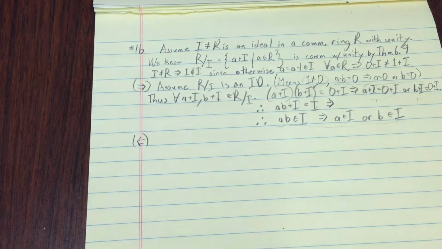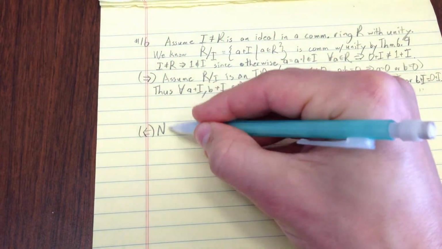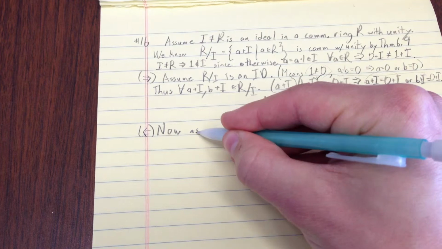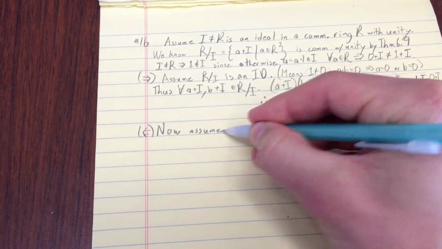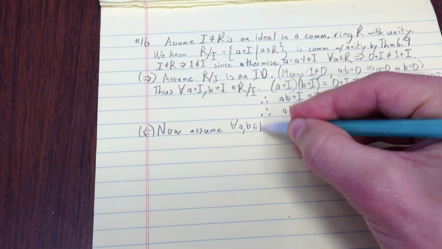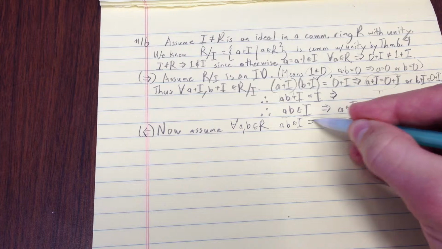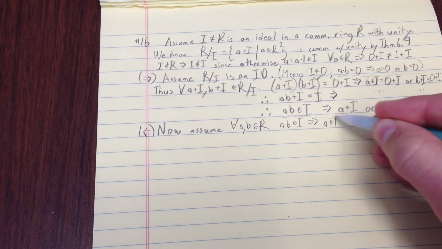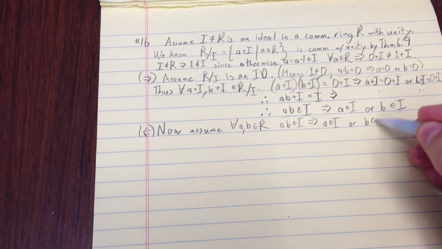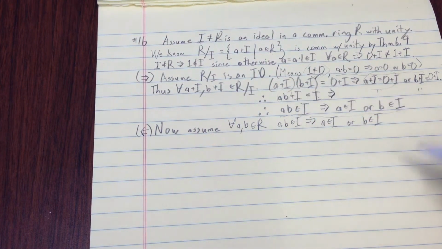Okay, so now what are we going to do? We're now going to assume for all A and B in R, AB in I implies A is in I or B is in I. You could basically make these if and only if statements.